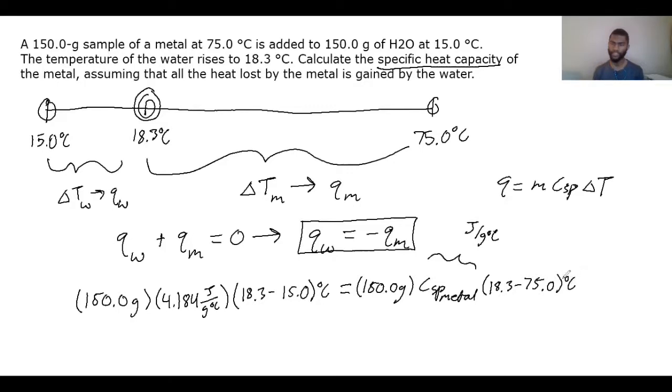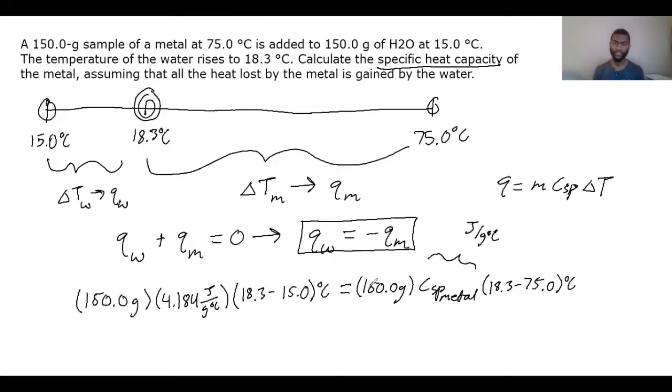We've got Celsius here, and we're going to cancel Celsius in terms of units, and that's going to leave us with joules. And so by the end, we'll see that we have joules on this side and joules on this side. So we're good. We've got all the information that we need.